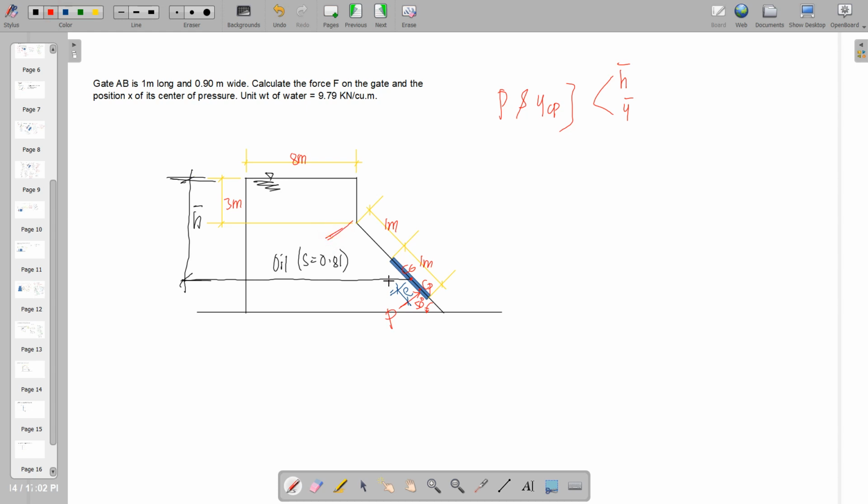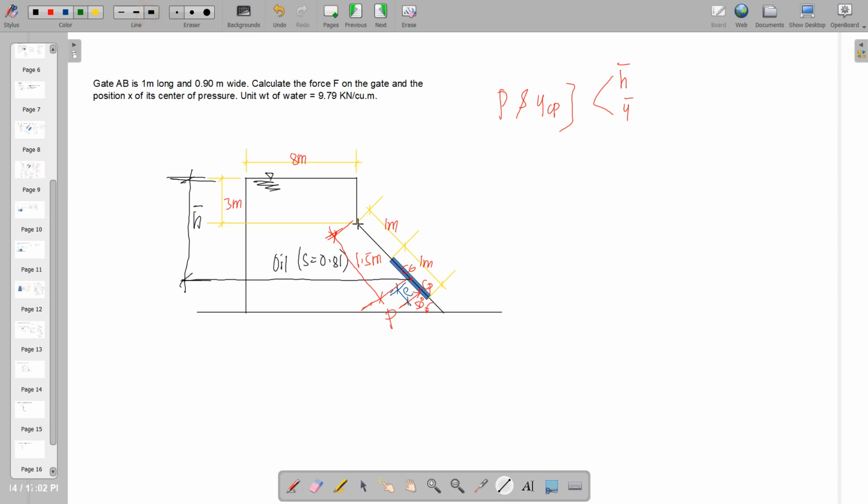So this inclined dimension, this point, this is 1.5 meter. If we know that that dimension is 1.5, we'll just have to utilize the triangle.